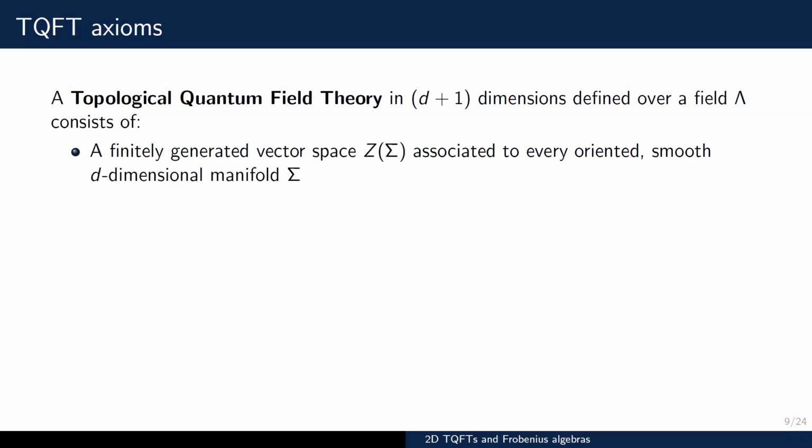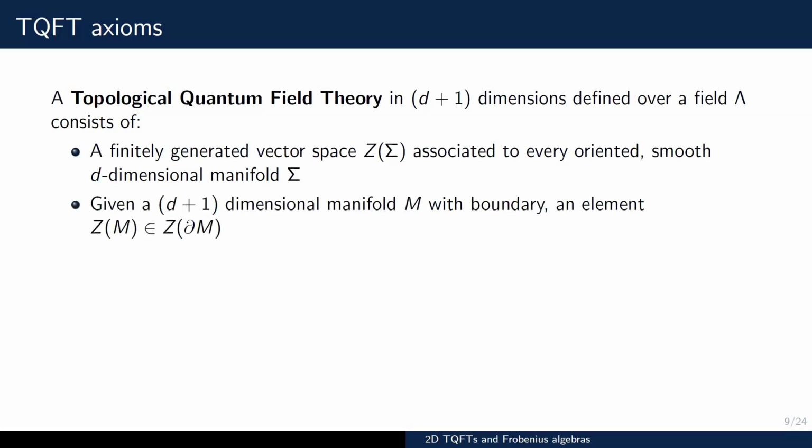In some cases, we do put that additional condition. And for every D plus one dimensional manifold with boundary, its boundary being a D-dimensional manifold, we get an element in the vector space associated to that boundary. So these are the two objects that a D plus one dimensional TQFT will give us.